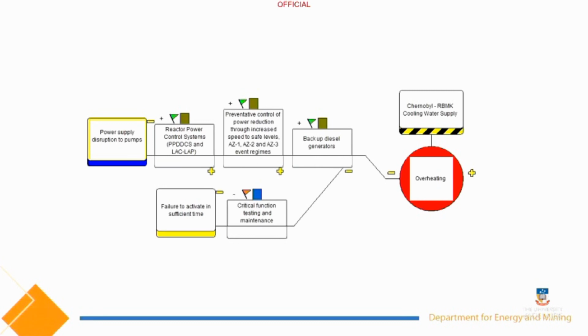And the final one is your backup diesel generator, which, as I said earlier, if these fail to activate in sufficient time, then you've got a bit of a problem, and that's what they were doing. They were actually doing the critical function test on these backup diesel generators at the time of the incident.